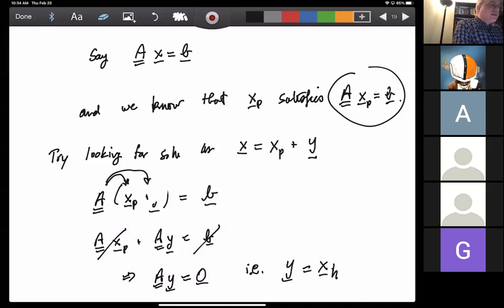Okay, so that's what's going on. This result is really telling you how solutions are always organized for a linear system. If it's a non-homogeneous linear system, you can always think about your set of solutions as a particular solution to the full non-homogeneous problem, plus a general solution to the associated homogeneous problem.